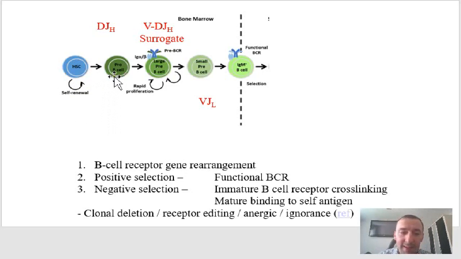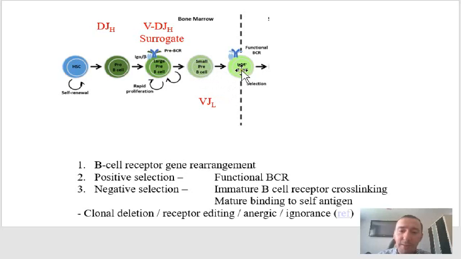That pro-B cell then undergoes gene rearrangement in the heavy chain, and we'll cover this in a bit more detail. It subsequently matures to a large pre-B cell, where it undergoes further amendments to the heavy chain. Once that's finished, it undergoes a series of proliferation, and then differentiates into a small pre-B cell, where the light chain of the immunoglobulin will be rearranged.